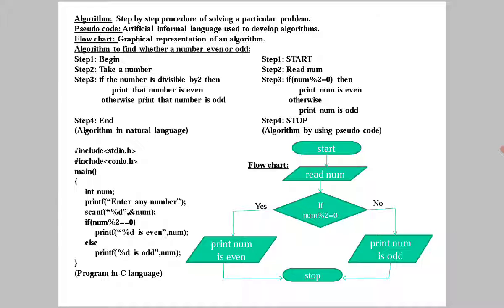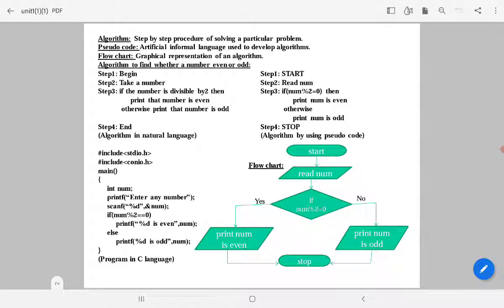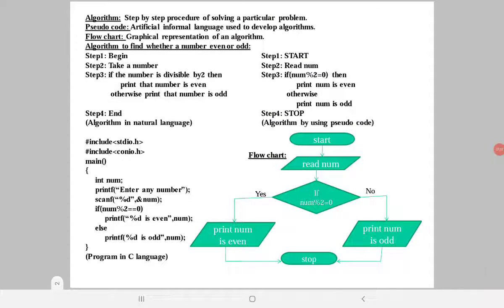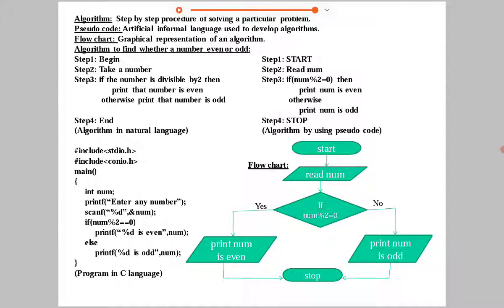So when you take a number, if the given number is divisible by 2, meaning the remainder is 0, then it is an even number.